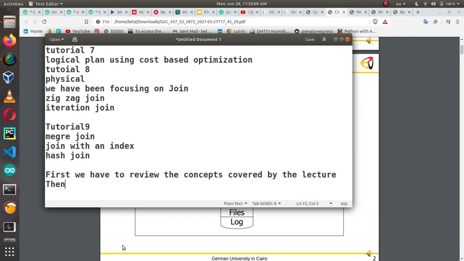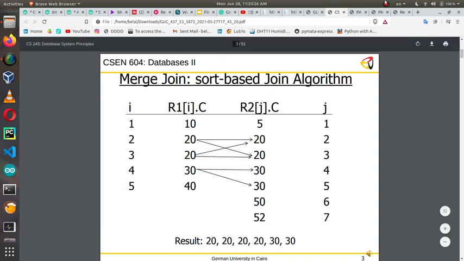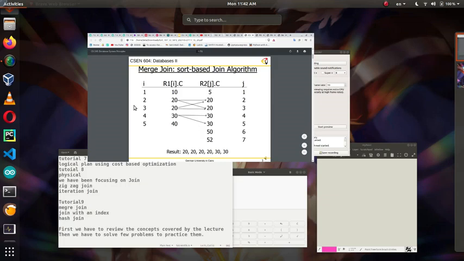Then we have to solve a few problems to practice them. So let's start. Let's learn about the merge join. The idea of the merge join is very interesting.